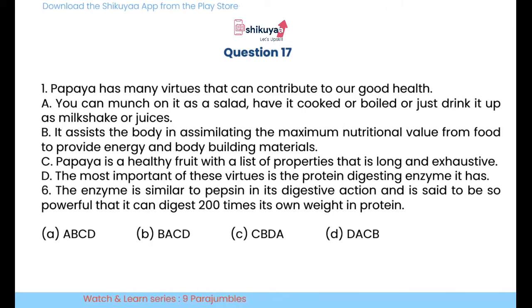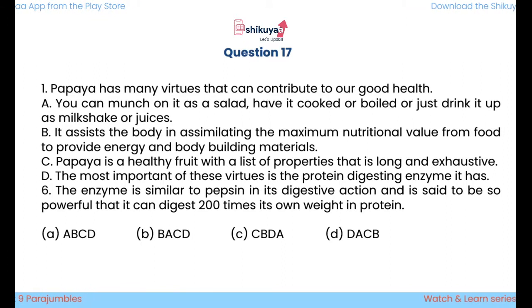Hurry up. Come on, find the pair sentence. Here it's a bit difficult to find the opening sentence. You can go with the pair one. Let us pair up. You can munch on it as a salad, have it cooked or boiled, or just drink it up as milkshake or juices. Okay.